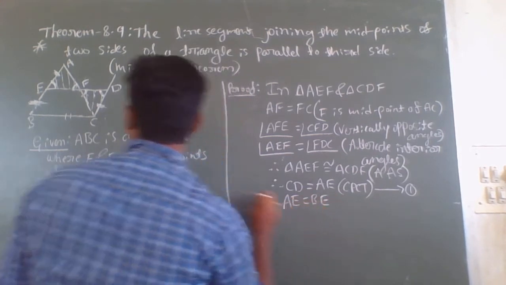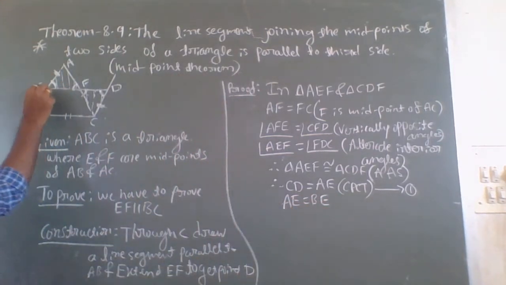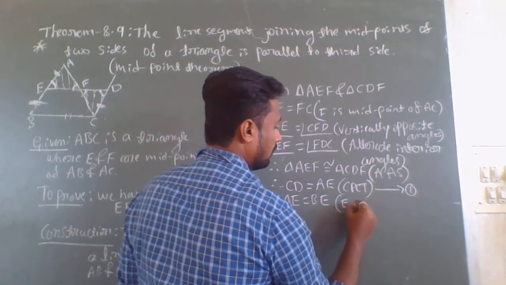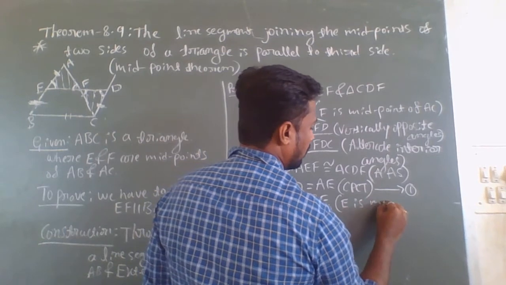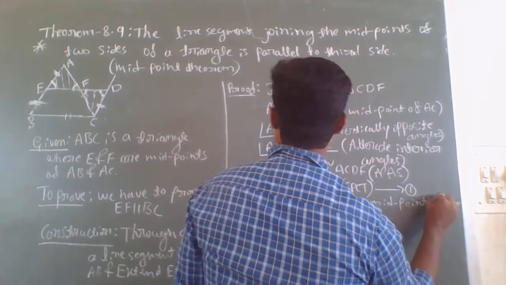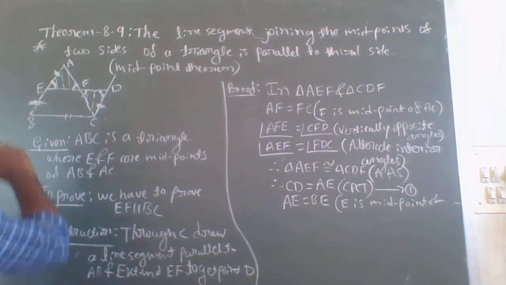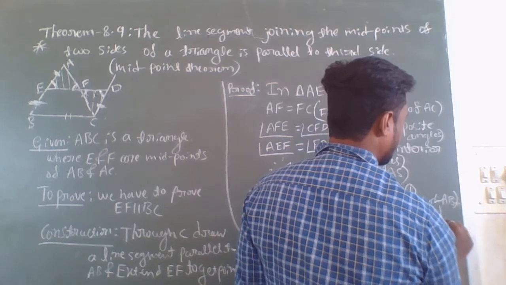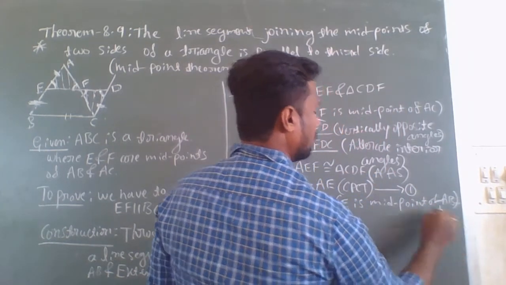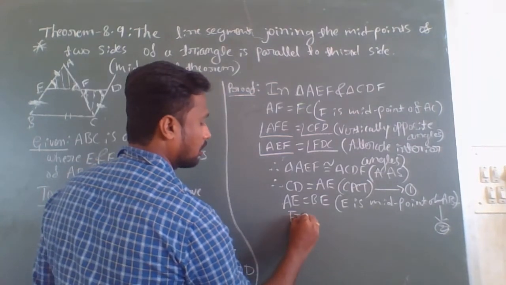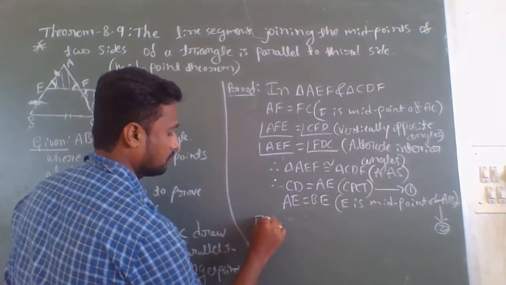This E is the midpoint of side AB. So I will consider this as 2.